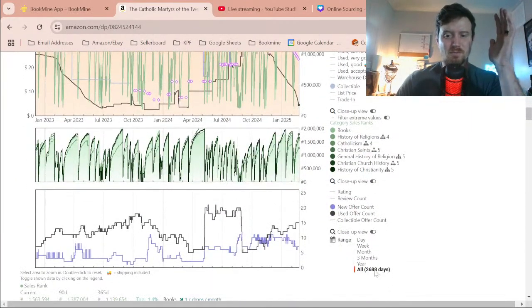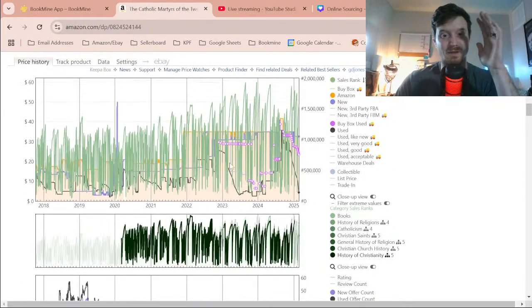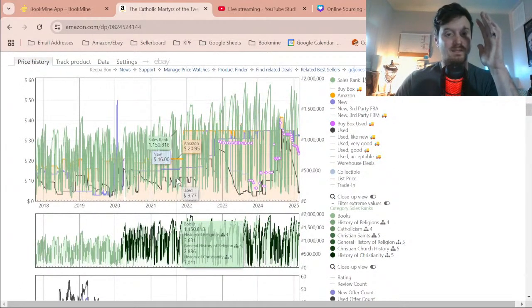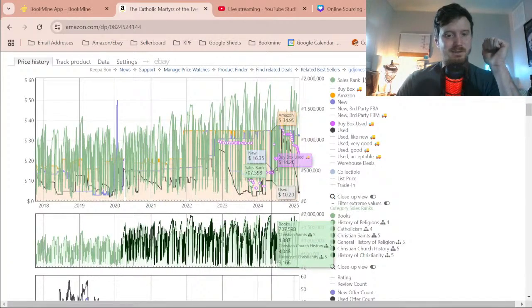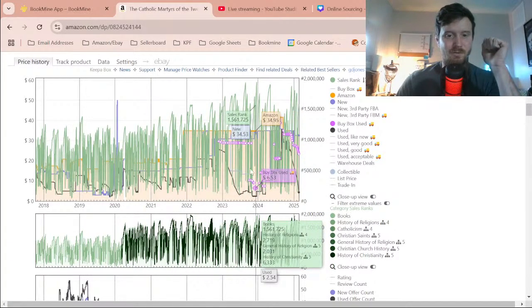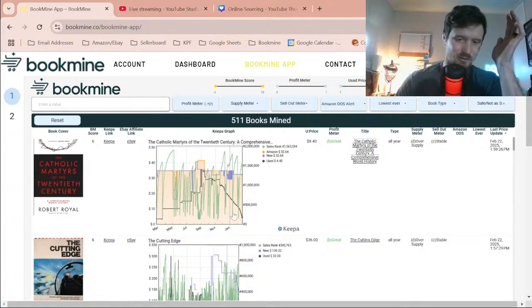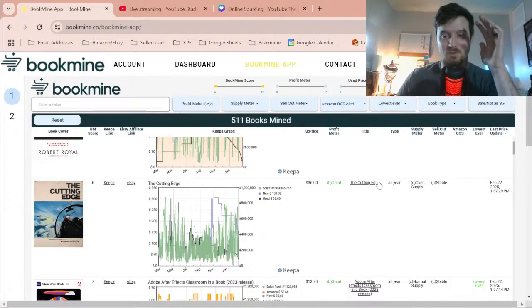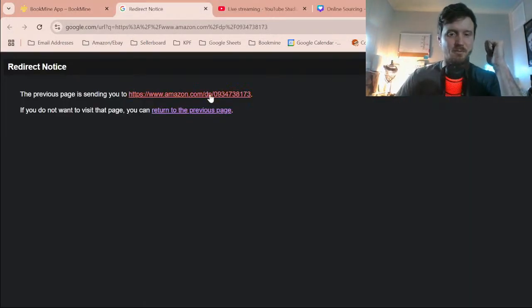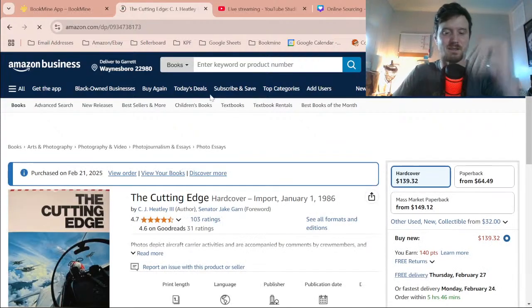So this is probably a book that you could make money on, but for me it's a little risky, just because the lowest used offer kind of seems to be down here more often than not. So I pass on those type of books, but there's tons of sellers who make tons of money off of those type of books, just leveraging the gap between the used buy box and the lowest used price.